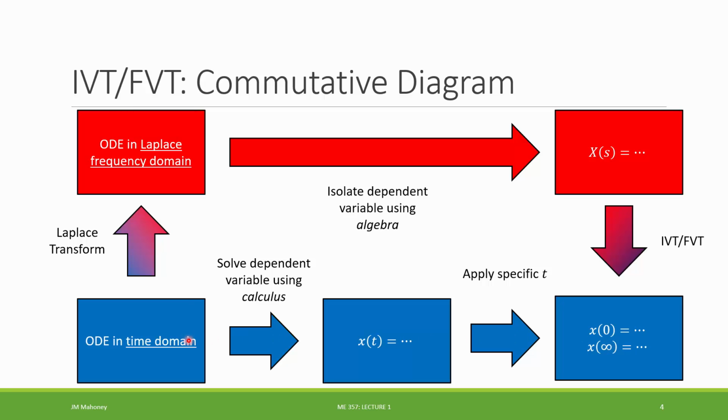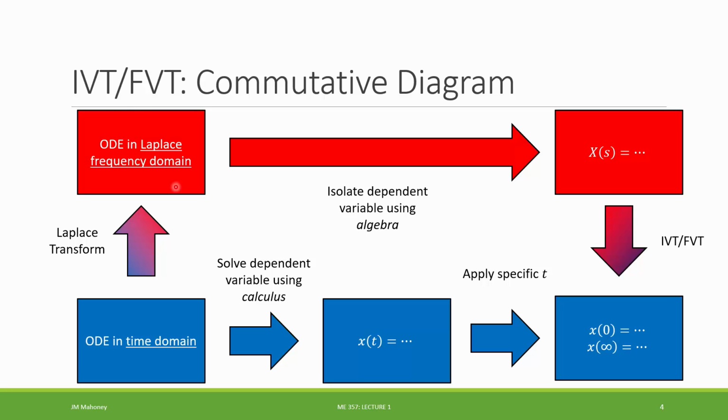Okay, let's take an alternate path. Presented with the ODE in the time domain, we still want to get to knowing x of 0 and the steady state value of x. An alternate path is to take the Laplace transform of both sides and find our ODE in the Laplace frequency domain.